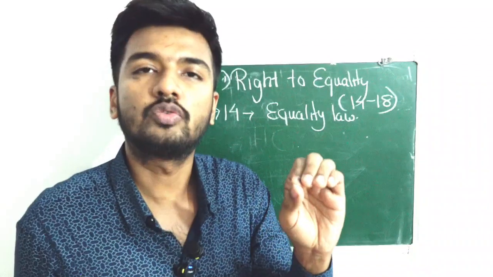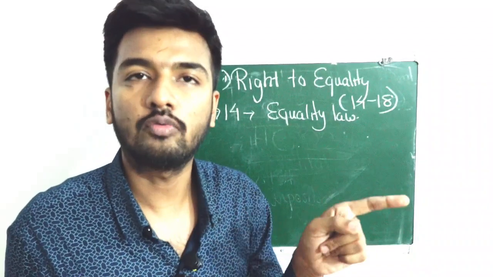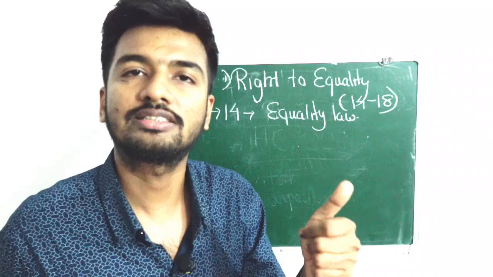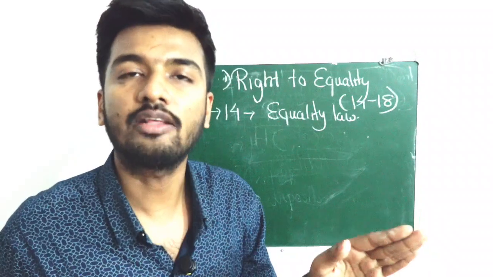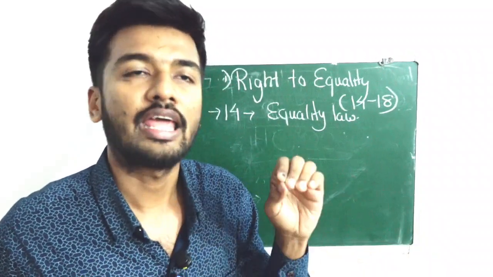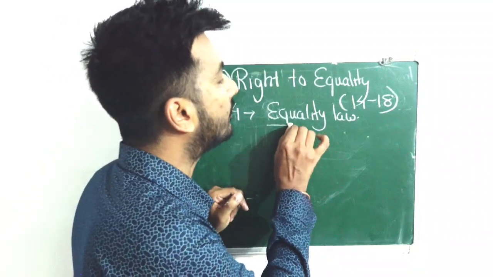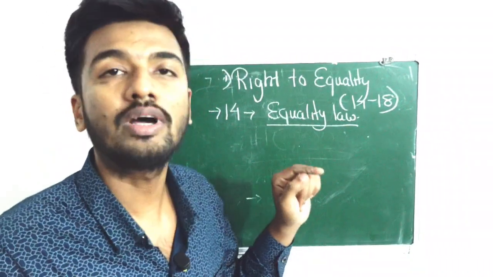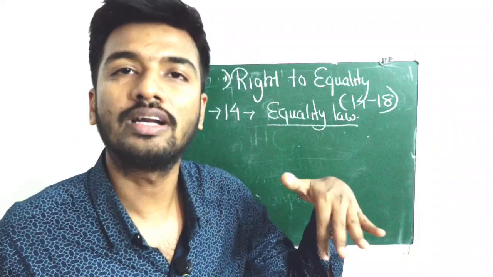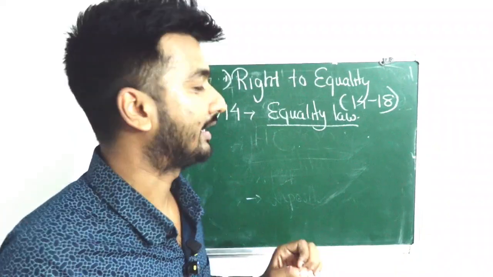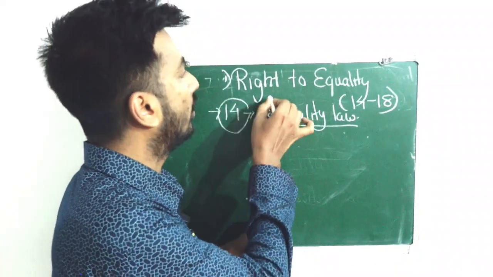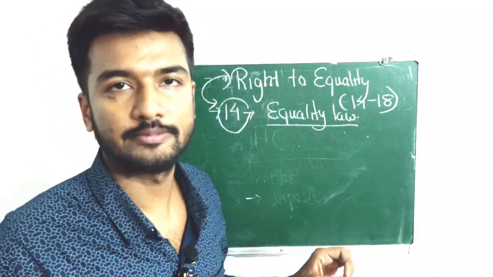Whatever the provisions written in the Constitution, everyone, irrespective of caste, creed, race, richness, poorness, everyone will be equal before the law. No one is superior to law, no one is inferior in law. That is the 14th article, which is under right to equality.